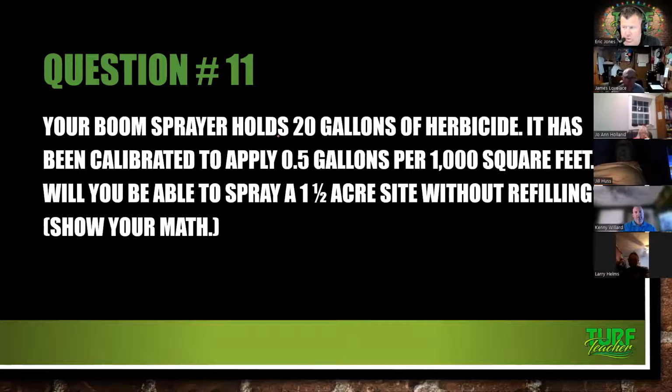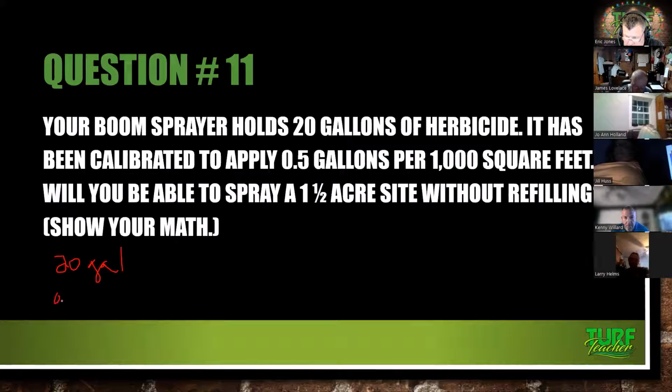Question 11, your boom sprayer holds 20 gallons of herbicide. It has been calibrated to apply 0.5 gallons per 1,000 square feet. Will you be able to spray a 1.5 acre site without refilling? It's a yes or no question, but you still got to do the math to figure it out. We have 20 gallons of herbicide. The boom sprayer will hold that. So we know what we have.